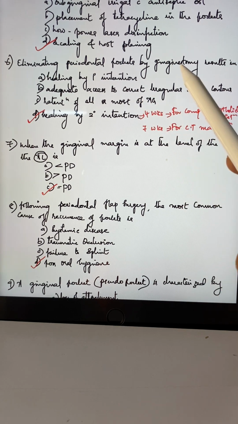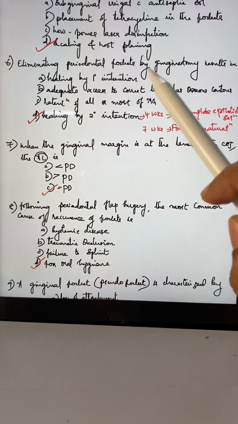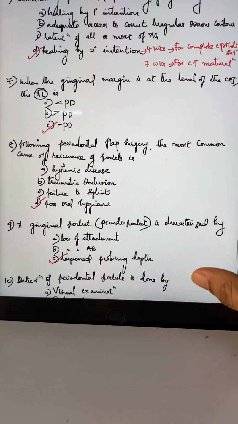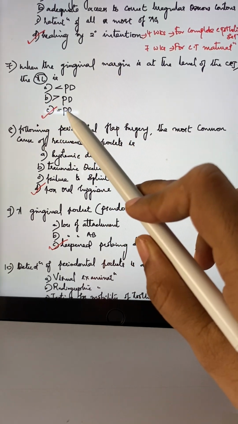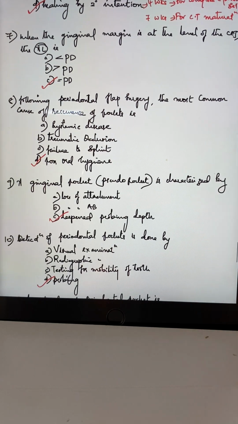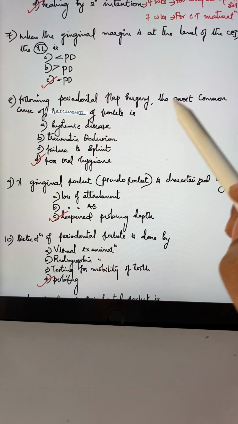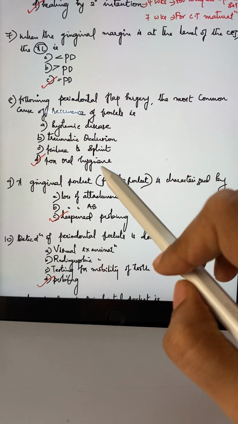That eliminating periodontal pockets by gingivectomy results in, so this I will discuss later. This is not included in this chapter. Then when the gingival margin is at the level of CEJ, the attachment loss is equal to pocket depth, that I discussed just now.